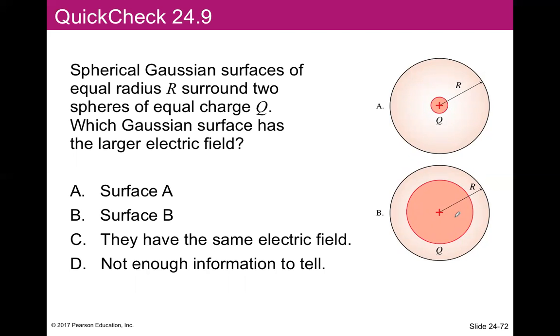So who chooses A or B or C or D? Okay, great. So net charge is the same, and when you use Gauss's law, everything is the same. It doesn't care what the distribution inside is. As long as there is symmetry, no matter whether it's a small sphere or a bigger sphere, you will have the same result.